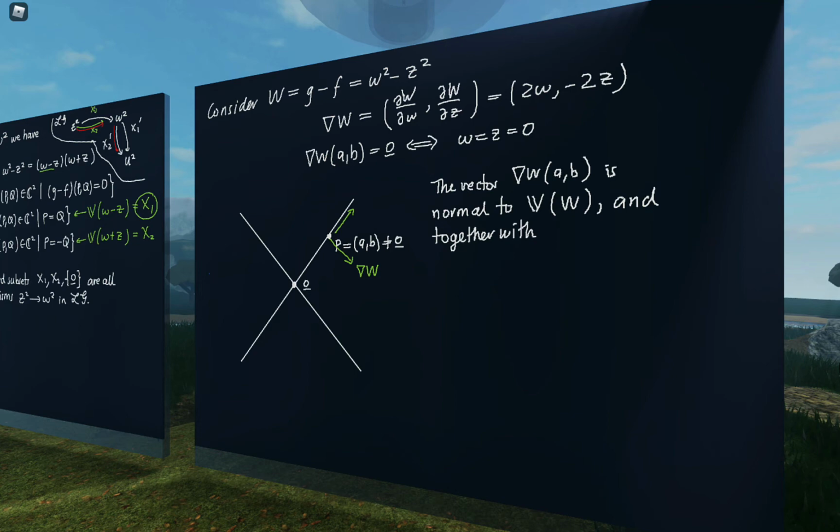Well, so notice we can actually evaluate this, right? That's just 2a minus 2b. So let me draw a few examples in. So if I'm over here, that vector will point up like that. If I'm over here, the vector will point in like that. You should look at the vector and verify you understand why that is. Now, you should remind yourself what this function looks like if you look at its graph, right?